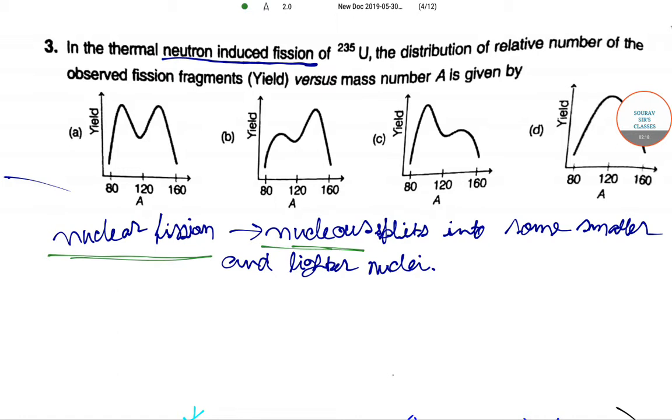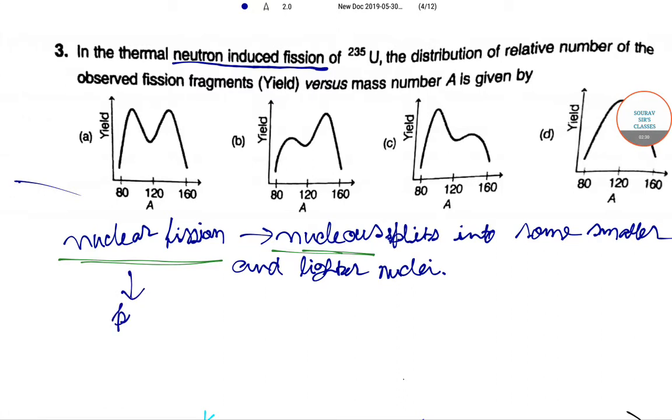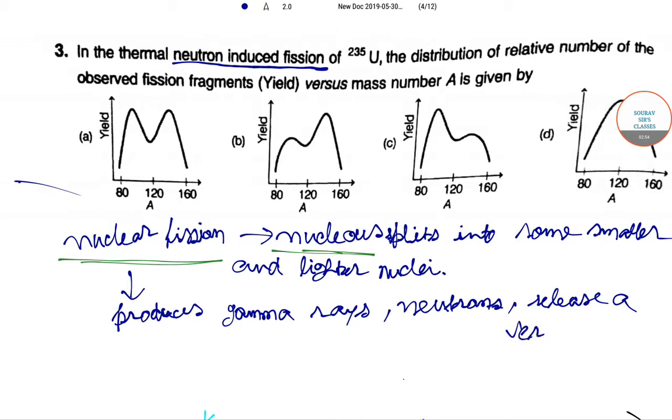Okay, the fission process also produces gamma rays and neutrons, a large number of neutrons, and releases a very large amount of energy.